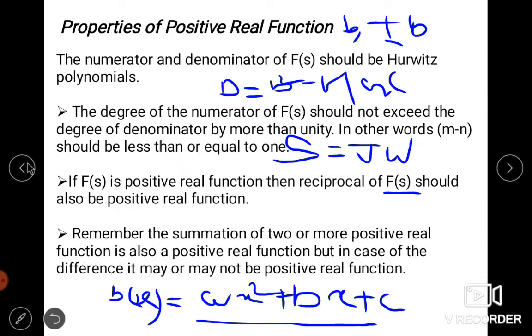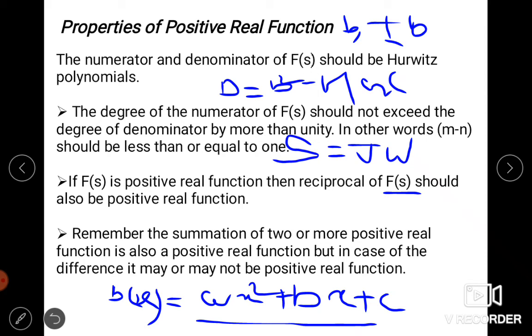Now some properties of the positive real function. There are four very important properties that can be written like this: both the numerator and denominator of F(s) should be positive polynomials, and the degree of the numerator of F(s) should not exceed the degree of the denominator by more than unity.